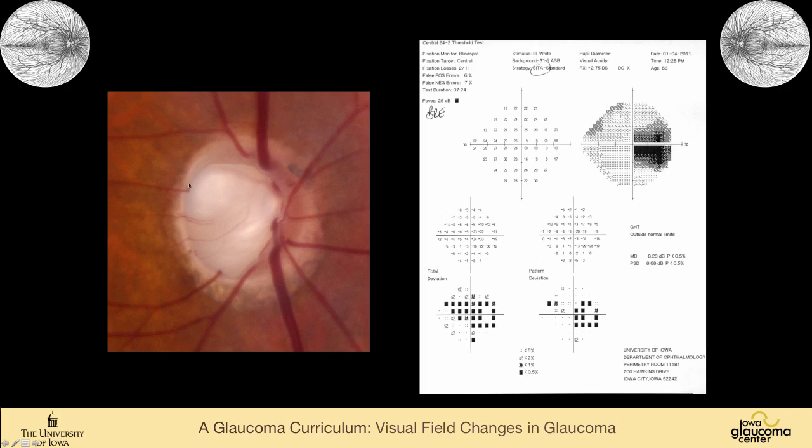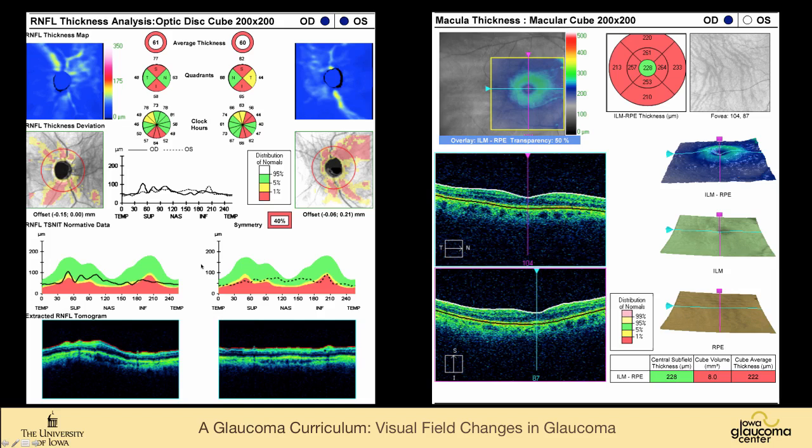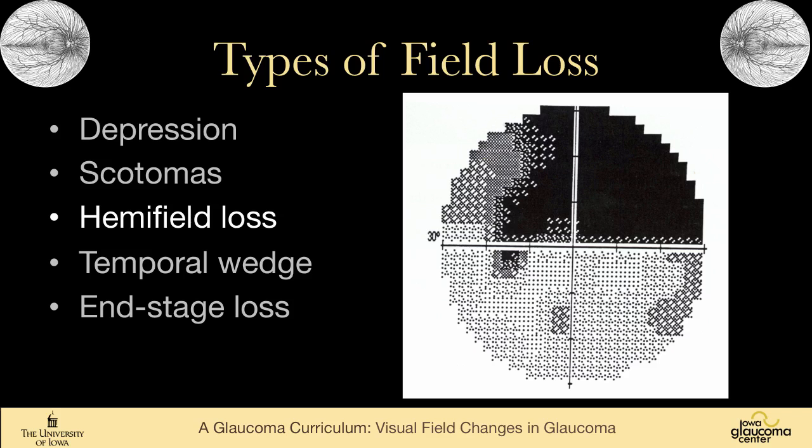And what you would see in the pattern of cupping is that this temporal rim is completely gone. And on OCT testing, it's very thin temporally here, and the ganglion cell layer is very, very thin as well.